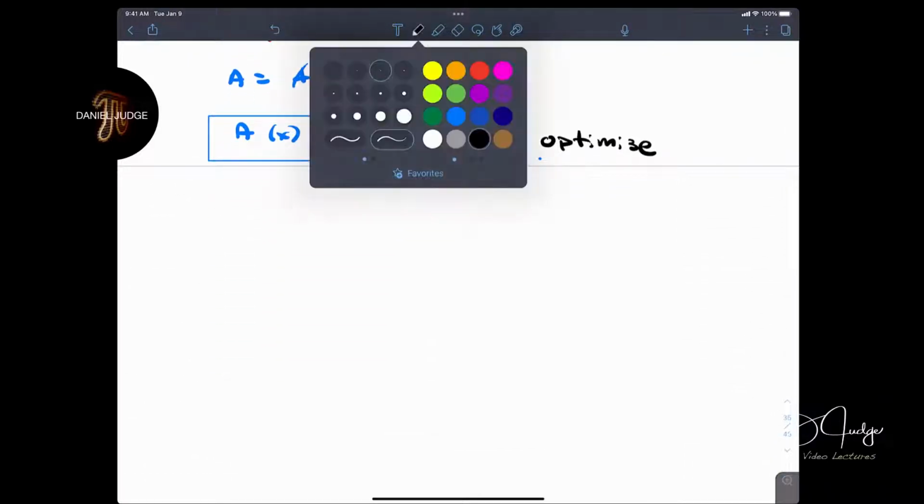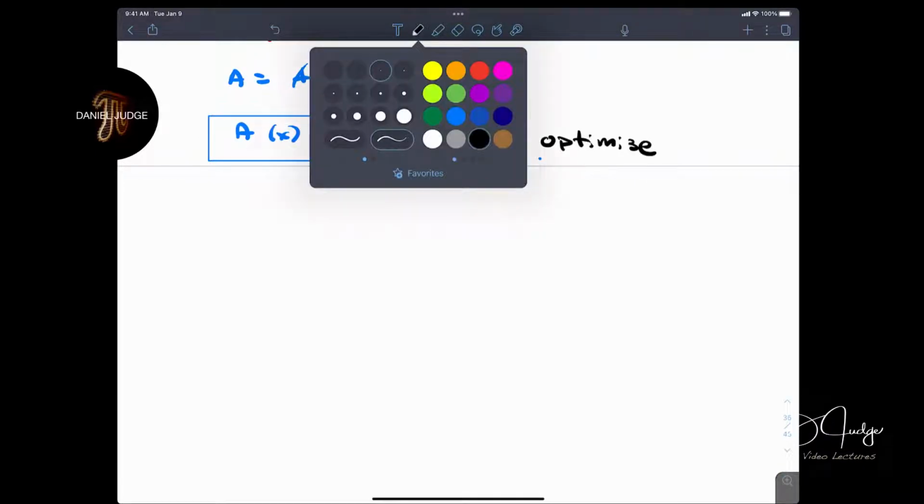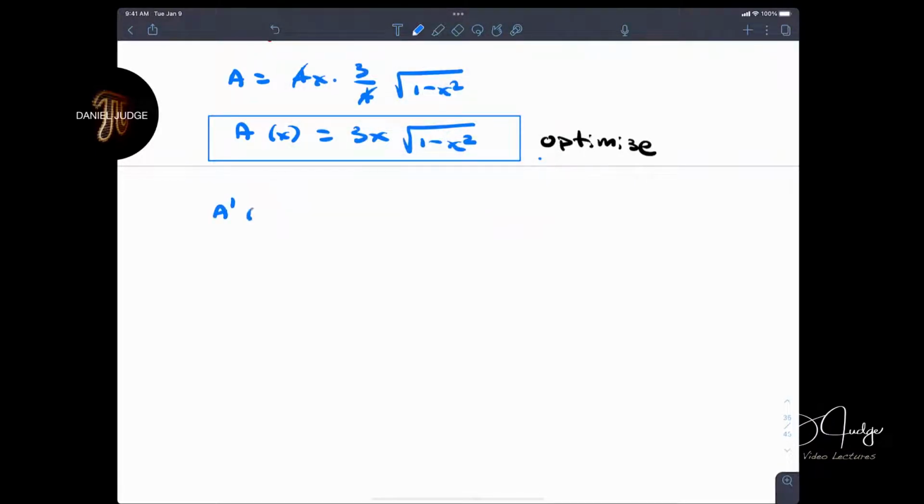And when you take this derivative now, you notice you're going to have to use product rule. So we have 1 minus x squared to the 1/2 plus 1 minus x squared to the 1/2 times that derivative of 3x.